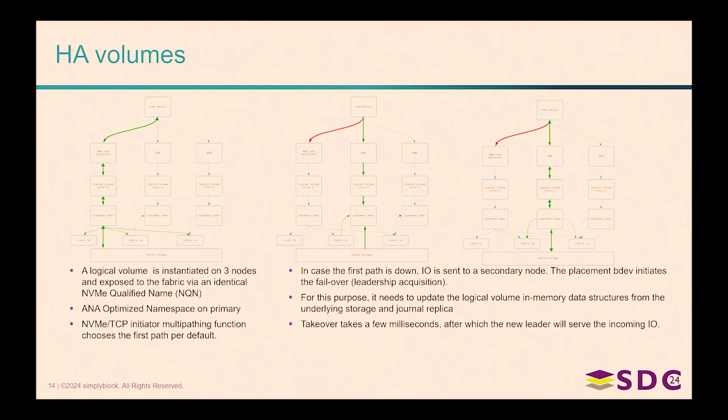And then if we have a pass-down event, basically moving that to the initiator will move it to the next node. And from there, we'll basically have a leadership acquisition. So the node will take leadership. It will first fetch remaining data from the storage to rebuild the data structures in memory that are required, and then start pushing it to its own journals.